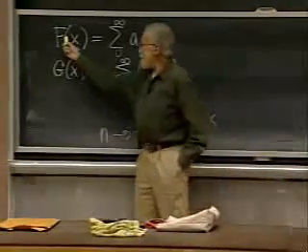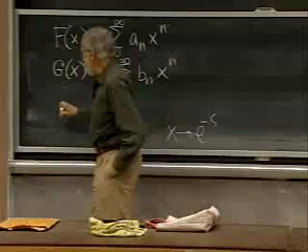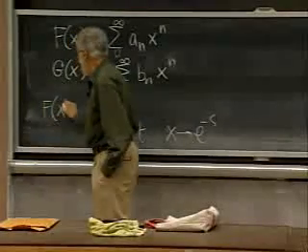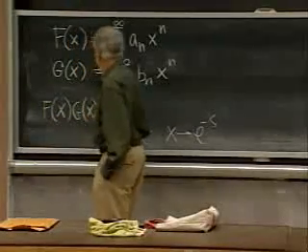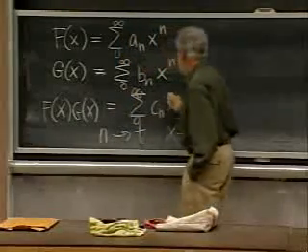But suppose instead I multiply these two guys. Well, in that case, I'll get a new power series. I don't know what its coefficients are, but let's just call them c_n.